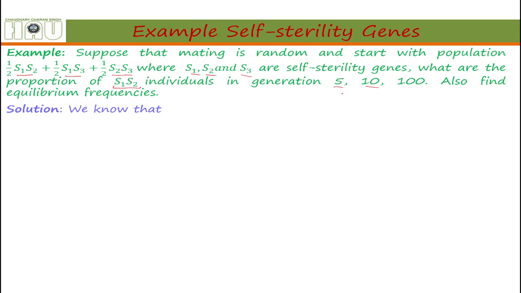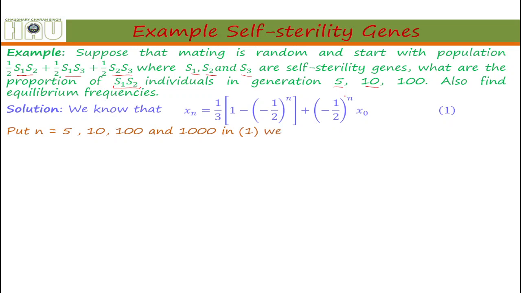So we know that xn, the relationship I have explained to you, is 1 by 3 into 1 minus minus half raised to power n, plus minus 1 by 2 raised to power n x0. If I put the value of n equal to 5, 10, 100, 1000 and so forth, what will you get? First we will put 5.